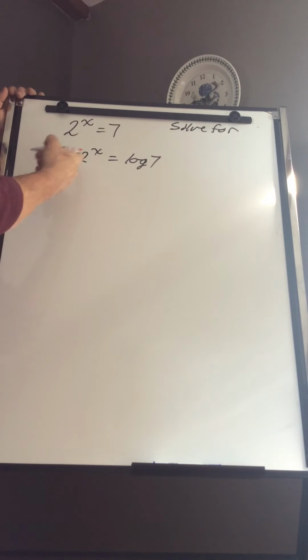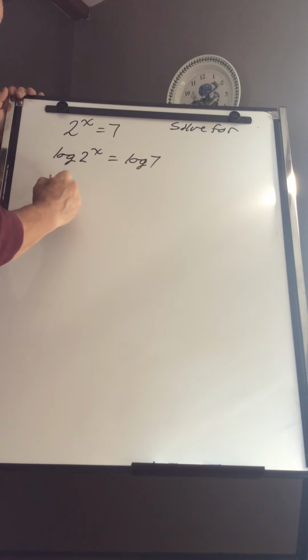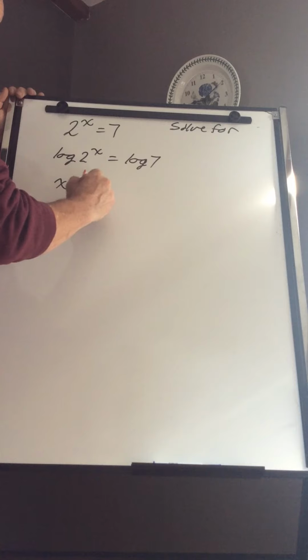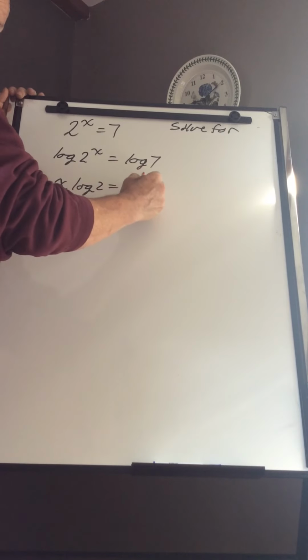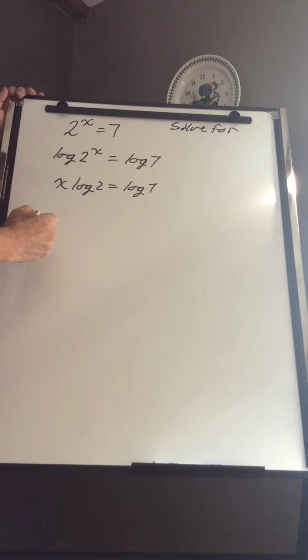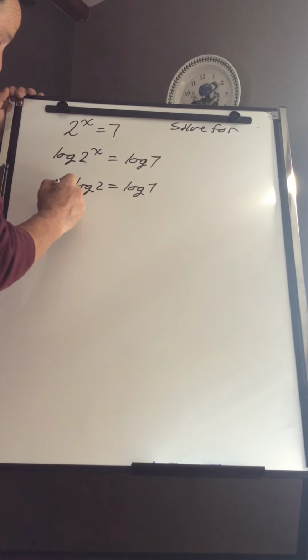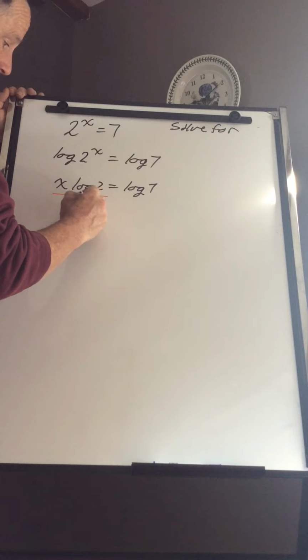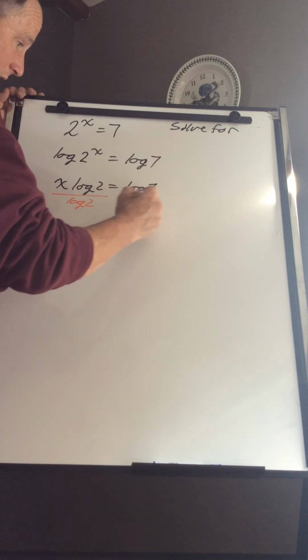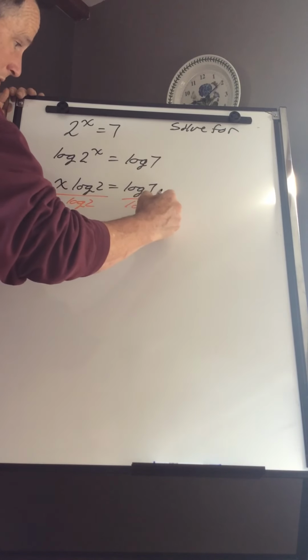I'm going to make use of the law of the power, which means I have x times log 2 equals log 7. Now, just like everything else, I divide this side by log 2, which means I divide this side by log 2.